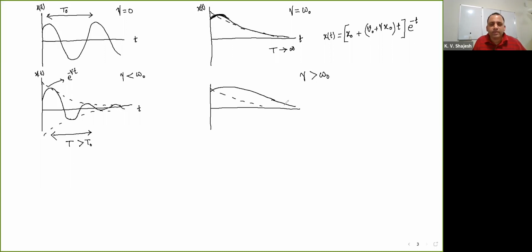So this is a relatively larger time period, but still the time period is infinity, though it is relatively larger than the time period for the critically damped case. So this is critically damped.